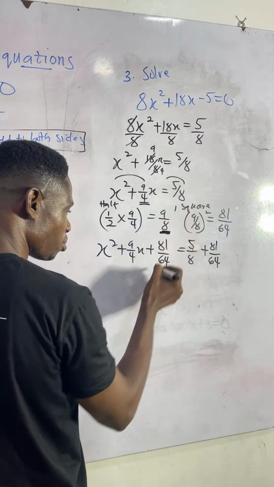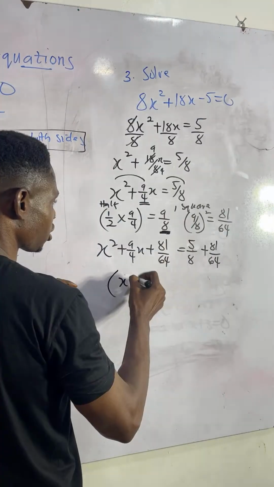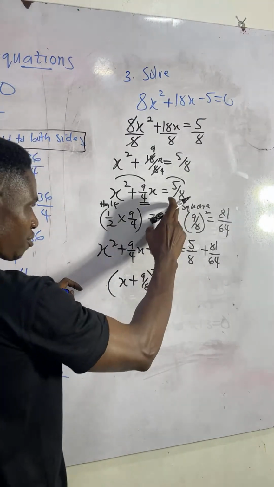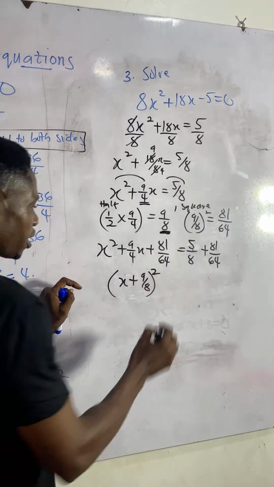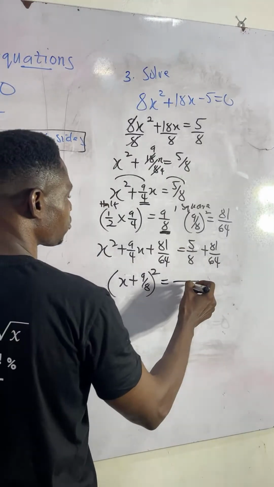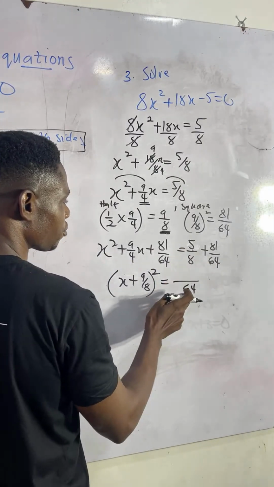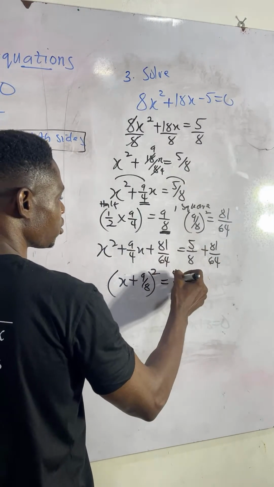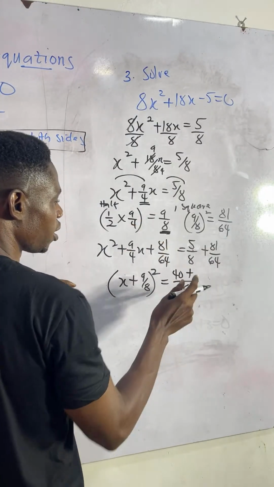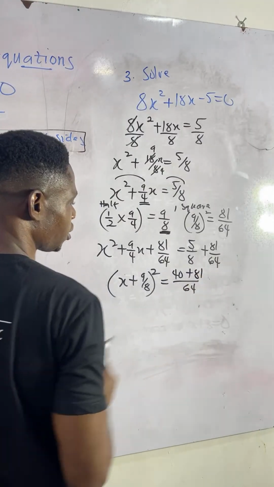That half value, just bring it down so you have x plus 9 over 8 squared. That half value, just bring it here, you are always fine. So you have the LCM of 8 and 64 is 64. 8 into 64 is 8, 8 times 5 is 40, right? Plus 64 into 64 is 1, 1 times 81, that's 81.